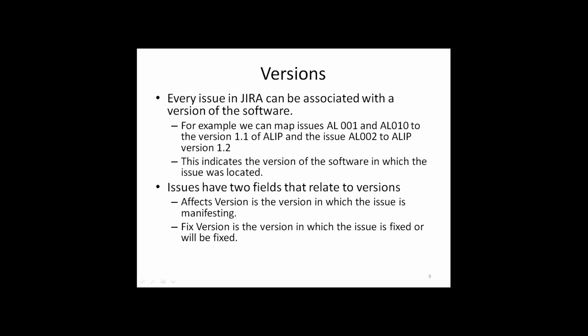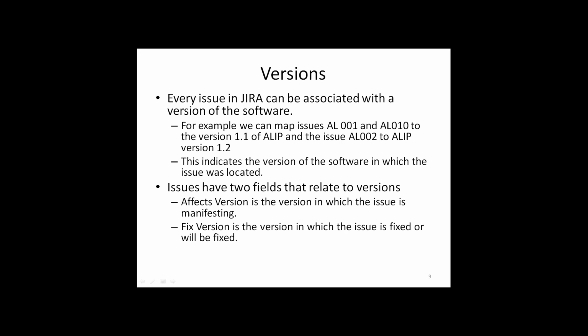What is a version? Every issue in JIRA can be associated with the version of the software. As we have versions of our Microsoft software, like Internet Explorer 11.1 or the Windows operating system, these are the versions of the software. Similarly in JIRA, every issue will be associated with the version of the software.